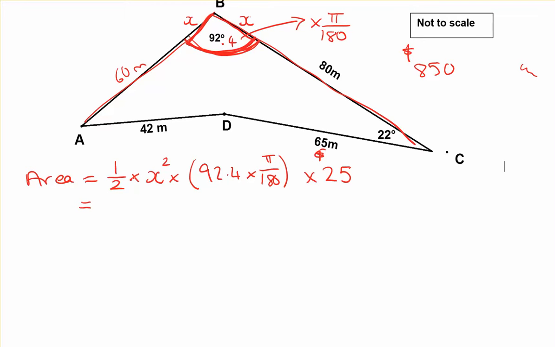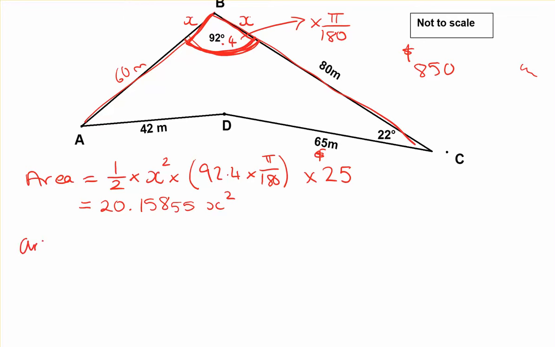So for example, 0.5 times 92.4 times pi divided by 180 times 25 gives me a big long number, something like 20.158. And then I've got the x squared. So that's an expression for the area.